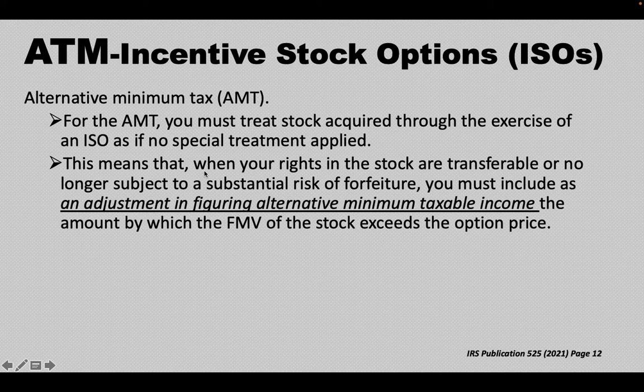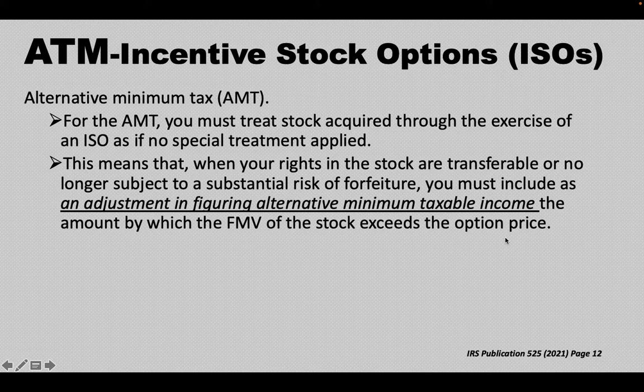This means that when your rights in the stock are transferable and no longer subject to substantial risk of forfeiture, you must include as an adjustment in figuring alternative minimum tax income the amount by which the fair market value of the stock exceeds the option price.